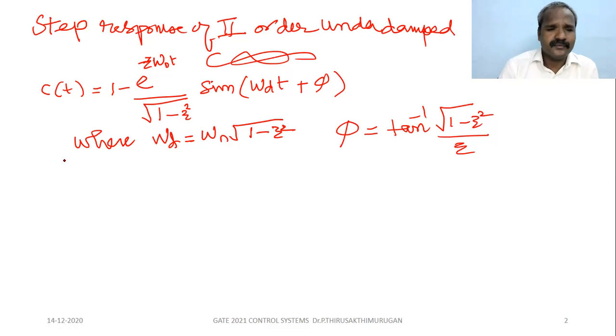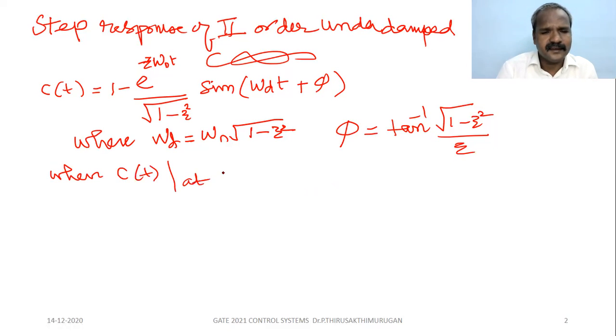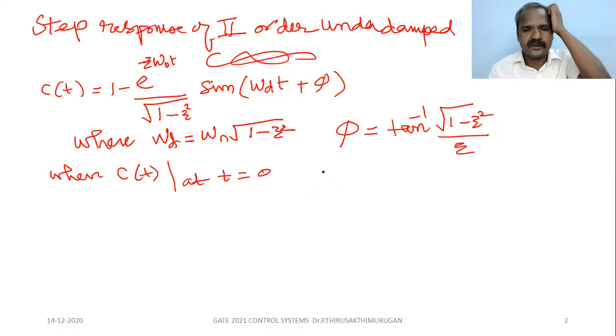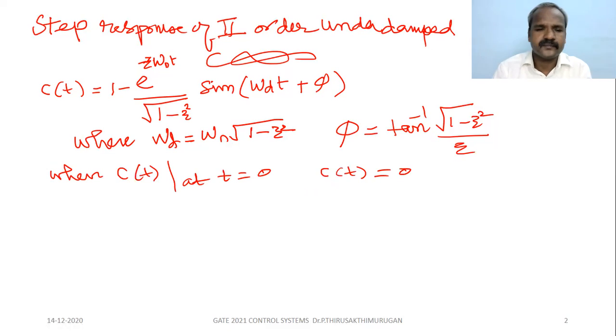So from this response we can find different time domain specifications. If you put t equal to 0, what is the initial response value? C of t equal to 0.